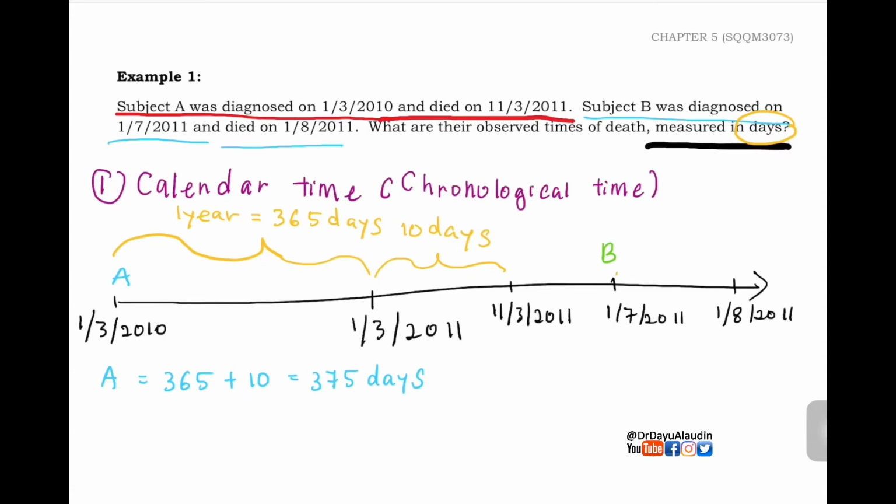How many days? For July, 31 days. At 1st August, he already died, like this one at 11 he already died. So he lived only in July, 31 days. So B equals 31 days.